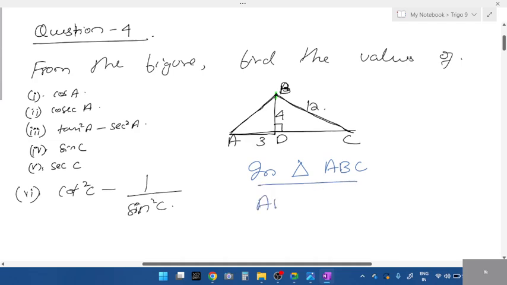Which is the hypotenuse? AB square is equal to AD square plus BD, not BC, BD square. Will you apply?